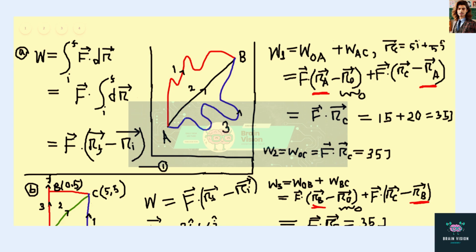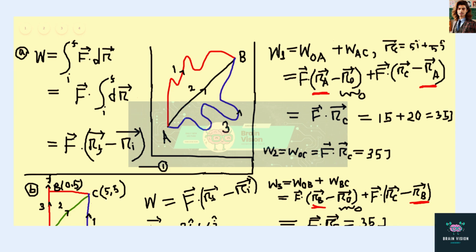Now we have force, which is constant, not varying with initial or final position, time, or velocity. So we can pull it out from the integration.